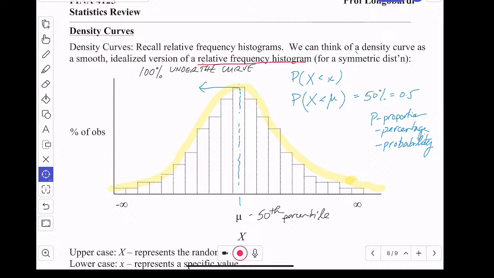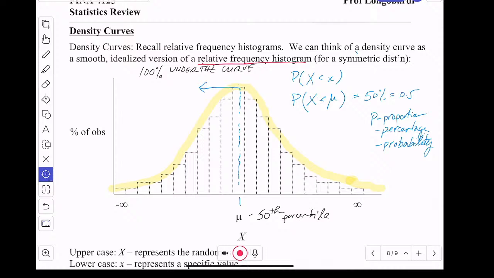Try not to think about what you learned right now. Just have a look at my questions with common sense, and then I'll tie it all together with what you've learned before. If this is just a density curve, there's nothing special here. It's symmetric, and I cut it in half, and I asked you how many of these are there?